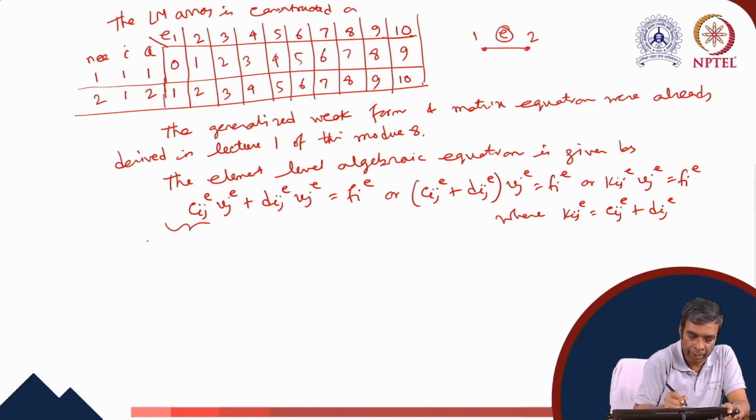Now Cij is the convection matrix, and Dij is the diffusion matrix.